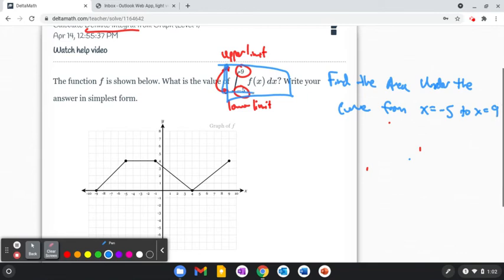So again, the integral is referring to area under a curve. That's what it means when you integrate something. You're finding the area under the curve, and these limits tell us where we want to start and where we're going to end. So if we look at this graph, we want to go to -5, it's right here, x value, and I'm going to draw a line straight up because we don't want to cross that, and we want to end at 9, so down here.